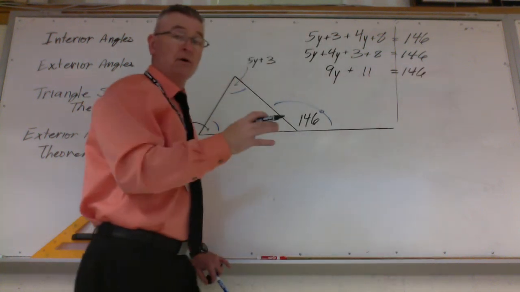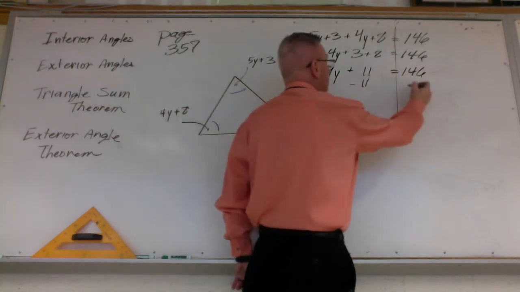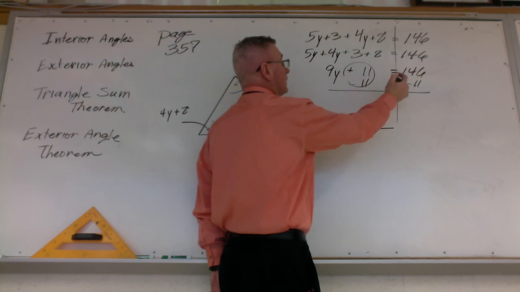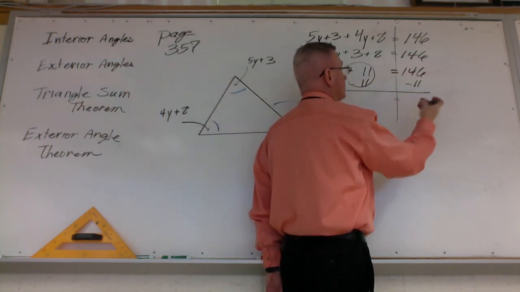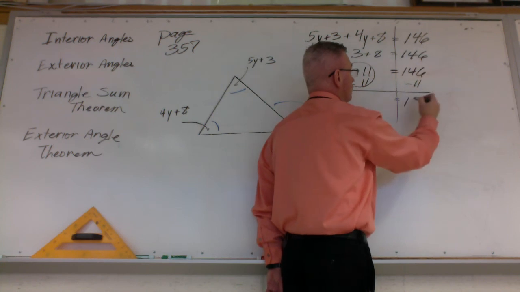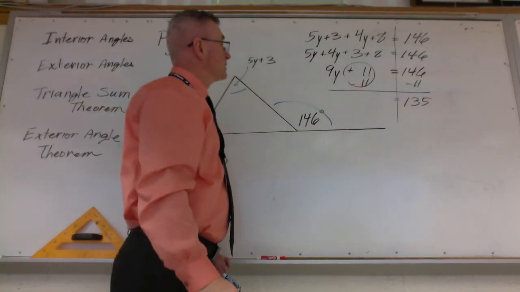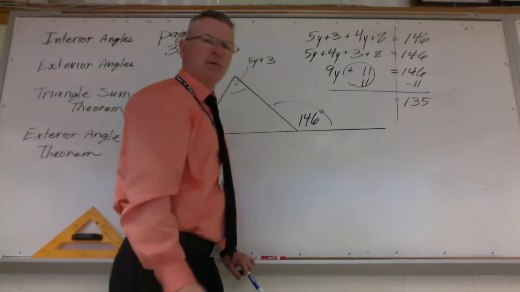Now, I need a 0 and a 1. So I'm going to make my 0 pair. I'm going to subtract 11 from both sides. There we go. 146 minus 11 is 135. I don't know if I like this too much. Is 135 a multiple of 9?